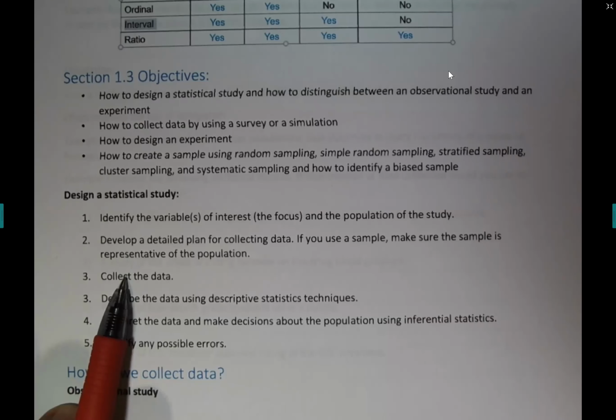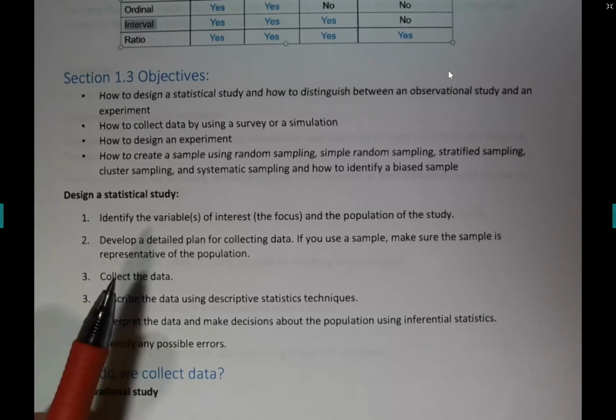So for example, if you want to collect data at the college, you cannot just go to one department and collect the data from those students, because it is possible that students belonging to a certain department could be taking more or fewer credit hours than other students. So you have to make sure that your data represents the entire population. So I would collect data from all departments at the college.